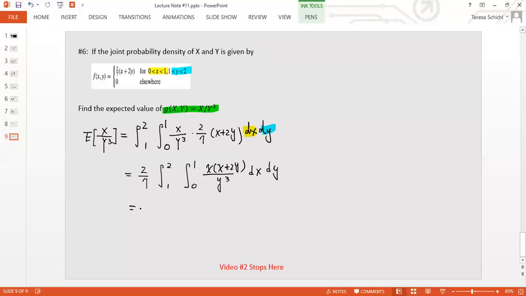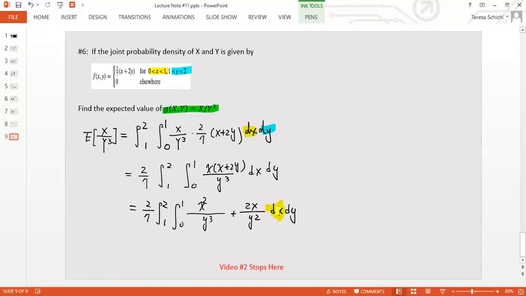If you want, you can simplify a little bit. The bounds are 1 to 2 and 0 to 1. Then this is y cubed x squared plus y squared 2x, correct?